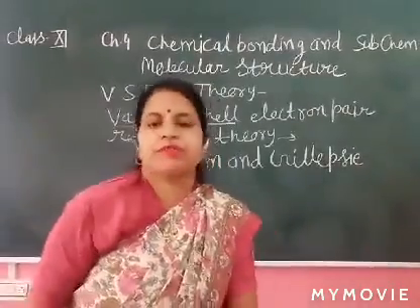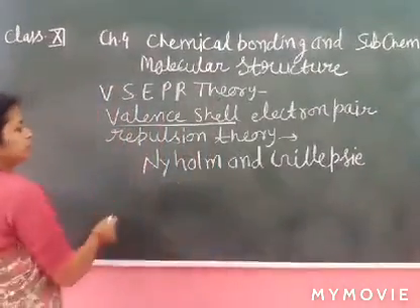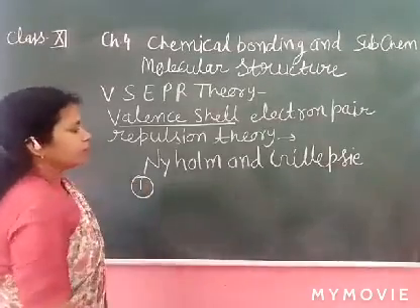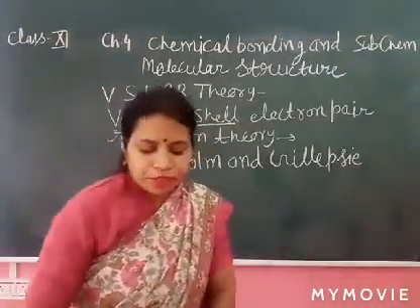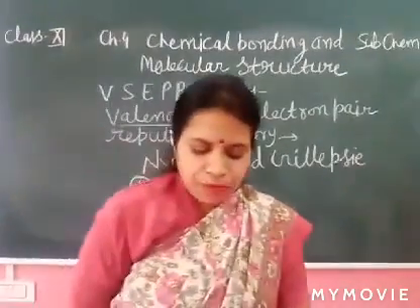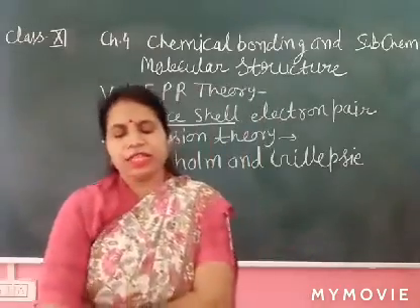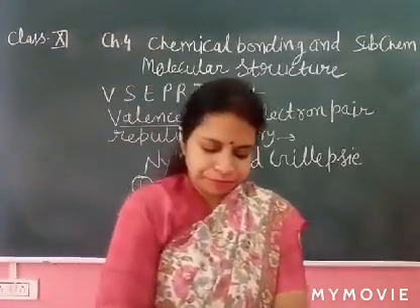Now the postulates of the valence shell electron pair repulsion theory. First, the shape of the molecule depends upon the number of valence electron pairs.